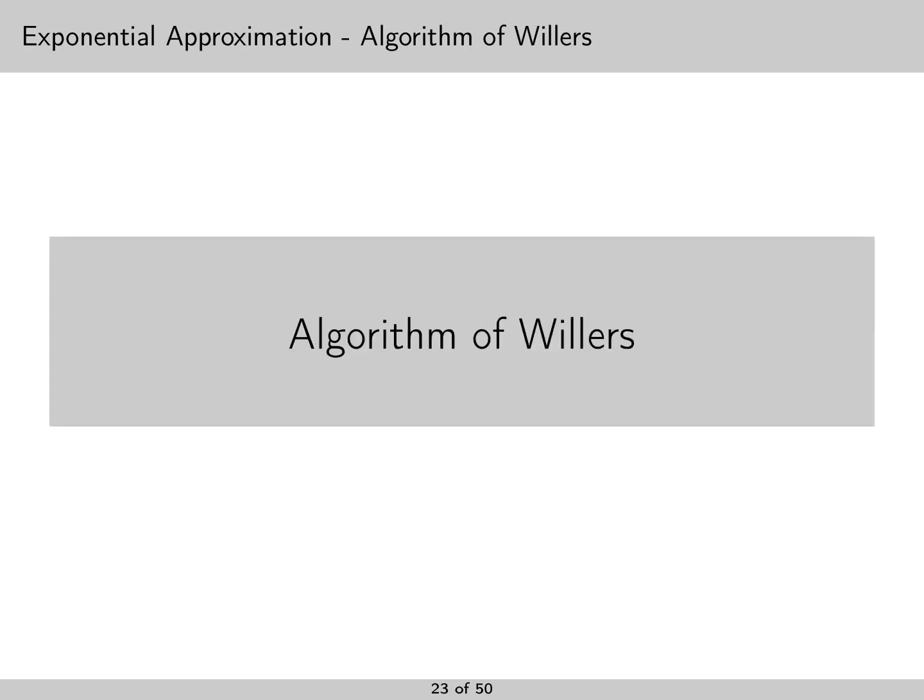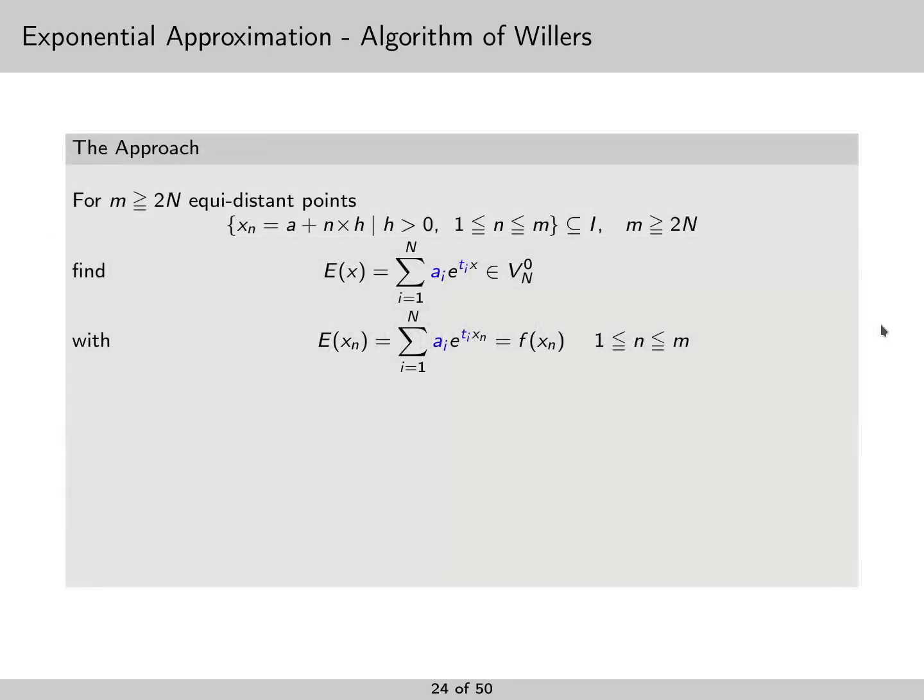Next is the algorithm of Willers. The idea of Willers is quite similar to that of Meinardus. Willers tries to construct an exponential sum e of V_n^0 such that e is equal to f at 2n or more equidistant points of interval I. Again, this can be thought of as an interpolation problem, but here with the option of more than 2n function values.